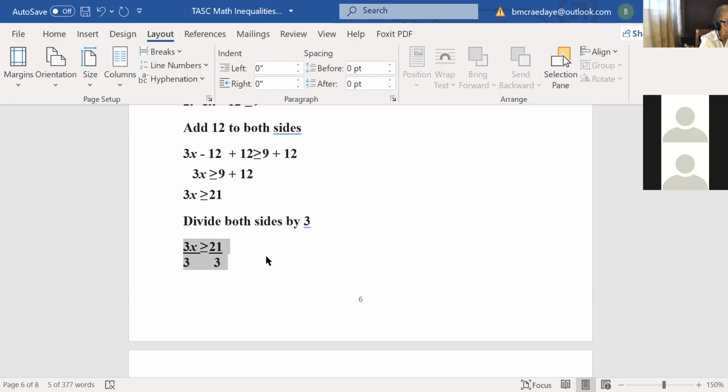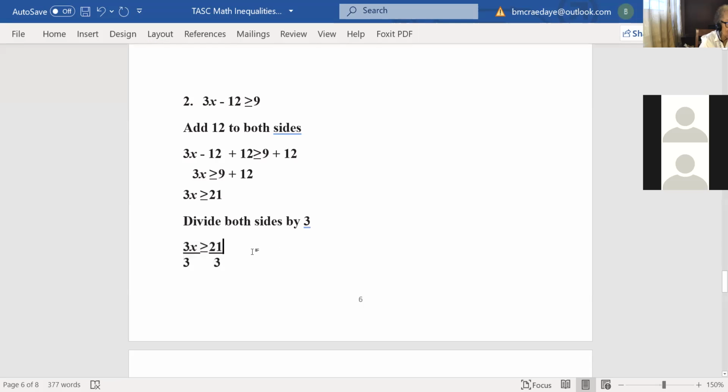Okay, so Maureen, 3x over 3 gives what? No, x. It just gives x, right? 3x over 3, Maureen, is 1, not 0. That's right, 1x or x.